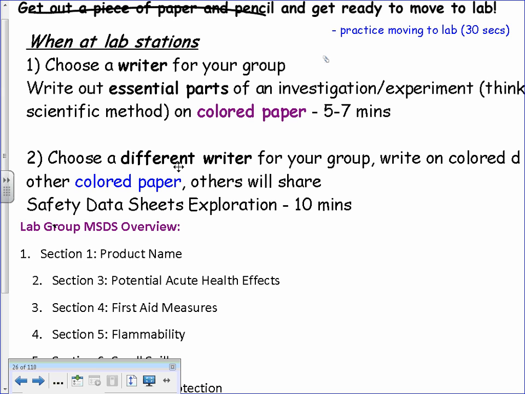So basically, no words on the page. It does not need to be organized. Be a collage. Collage of vocabulary. Things that you think of. You guys want markers? There's markers on the table over there. So write on the essential parts of the investigation on the page.